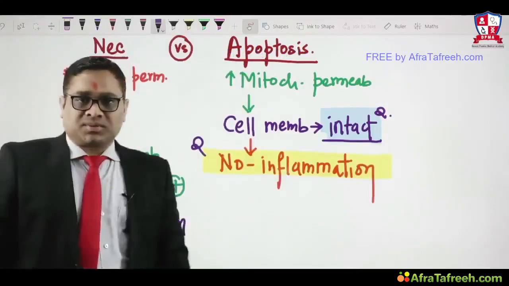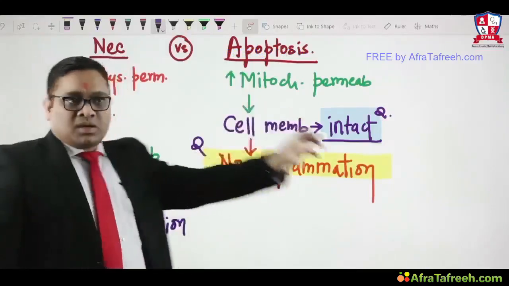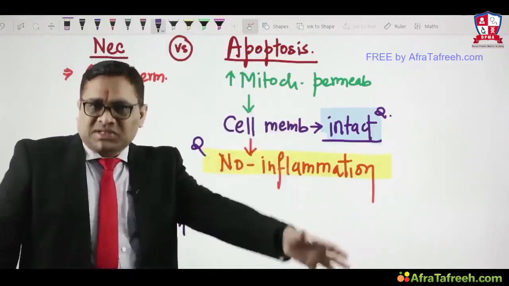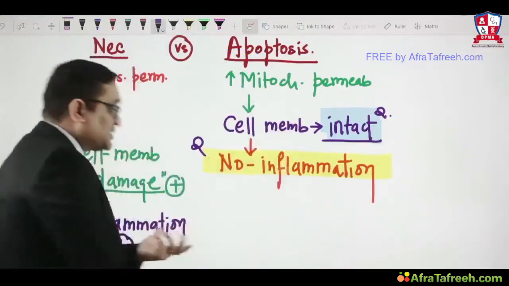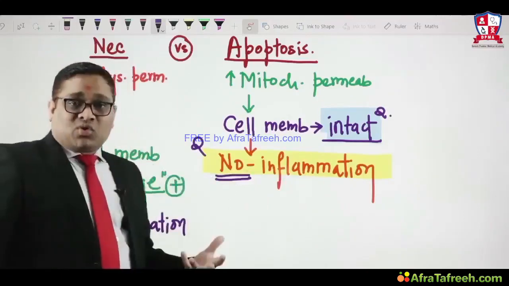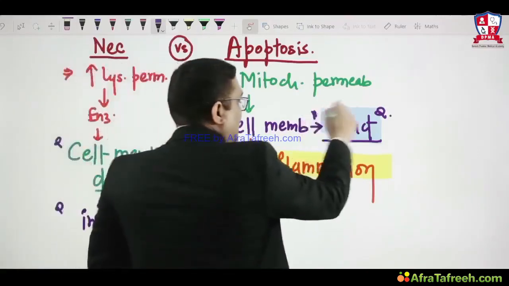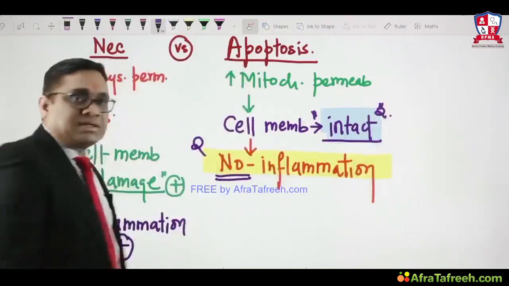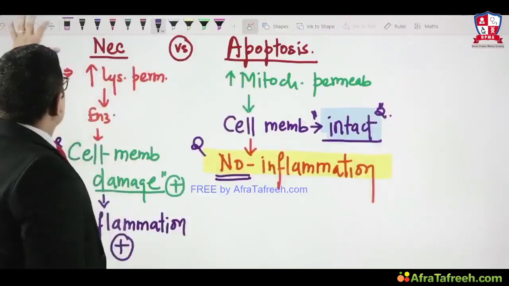The question said, 'In apoptosis, inflammation is seen.' That was a false statement, because in apoptosis there will be no inflammation. Why is there no inflammation? Because the membrane is intact.